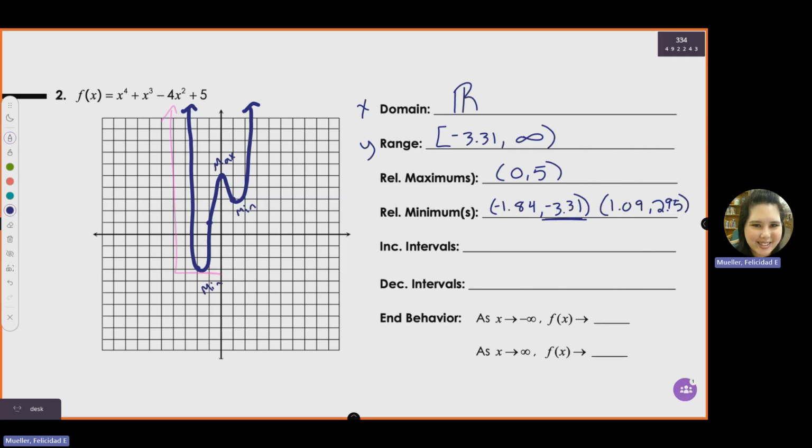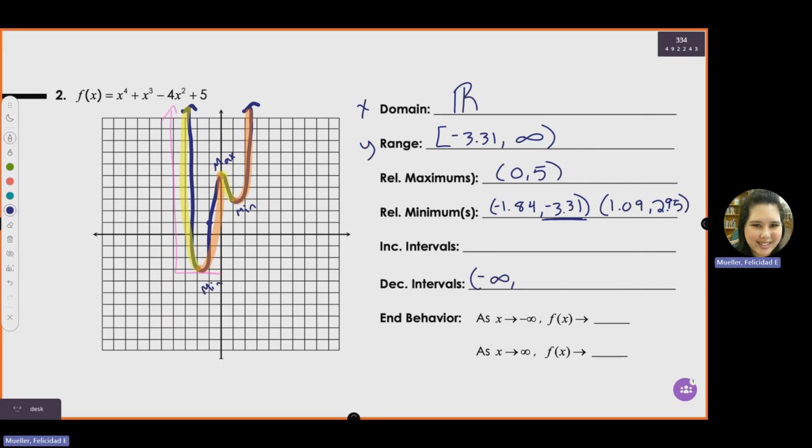Now, when we look at our increasing, decreasing, we can see that it is decreasing first, and then increasing, and then decreasing again, and then increasing again. So the yellows are decreasing slopes. So we're going to start with those. So that starts at -infinity because that's at the start.